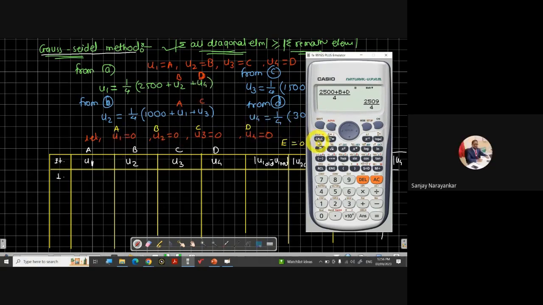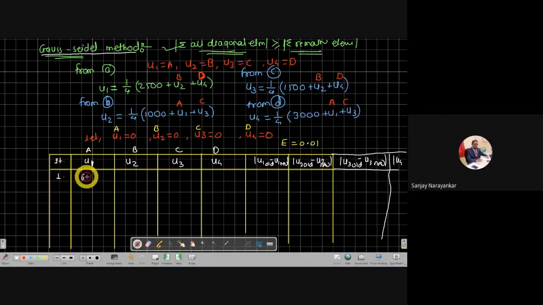All values are 0, so I'm going to put that. What's the value of B? 0. What's the value of D? 0. So what's the value we are getting here? 625.